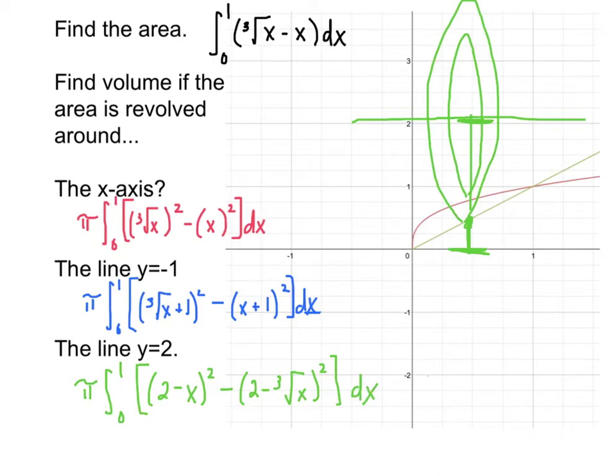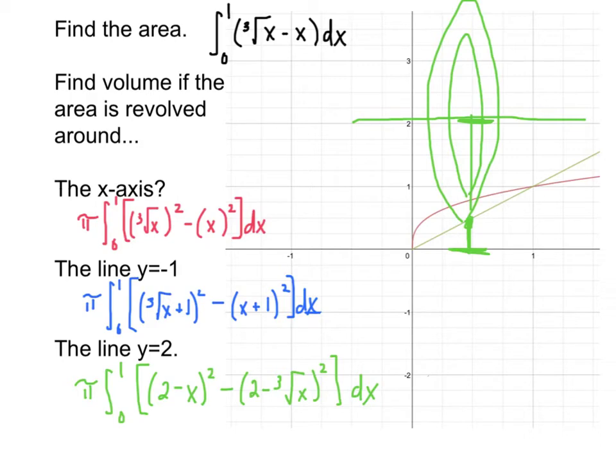Okay? And again, the function tells us this little darkened area, this part I bolded, but we don't want to know that. We want to know the distance between 2 and the function. So we can subtract off the function's value to figure out what the radius is.